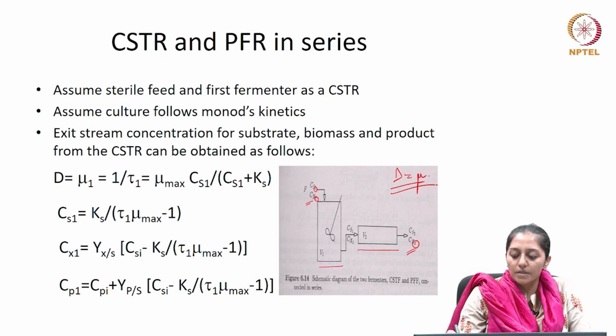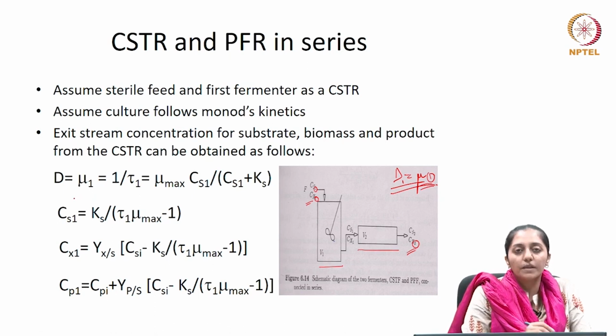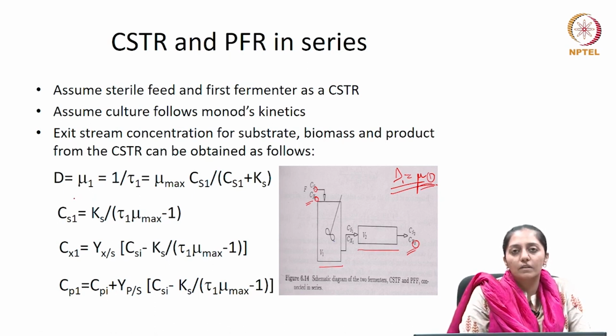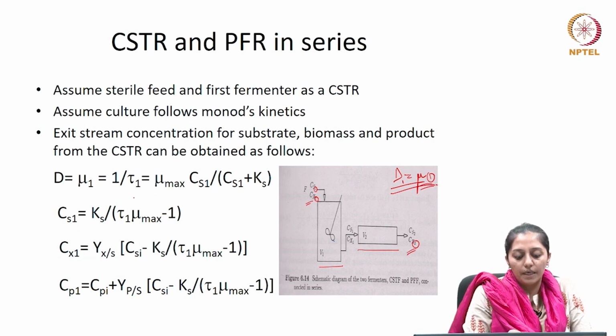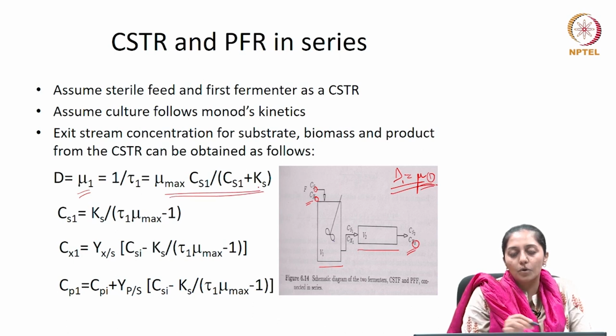Using subscript 1 for the first reactor, the dilution rate in the first reactor will be equal to mu1, where mu1 is the specific growth rate of the culture in the first reactor. If the culture follows Monod's kinetics, we can further expand mu1 using Monod's model, which is a function of substrate concentration.